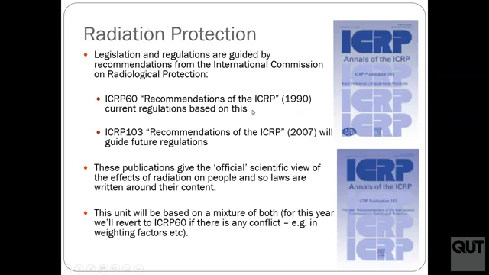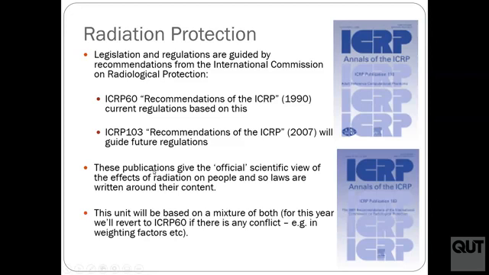Like I said before, the main ones that we'll be using are the ICRP 60 recommendations, which looks like that one there, and 103, which is the updated version, which looks like that one there. And I think the previous version from before that was dated around the 1960s. I'm not quite sure. Maybe someone can look it up.